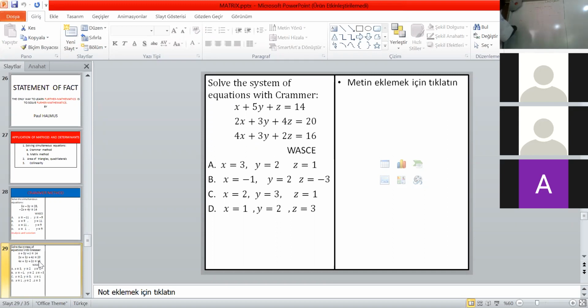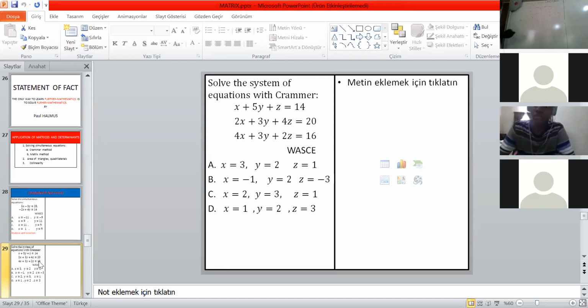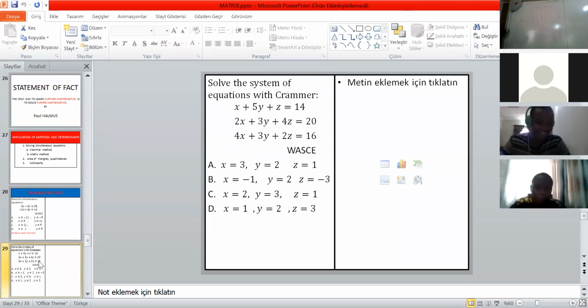Now I want to find the determinant of this. I write plus here because I want to use the cofactor method. Say cofactor. Good. Minus plus. I don't want to use arrows because I usually use arrows, but I want to use the cofactor method. Now all you need to do is just copy this one here.